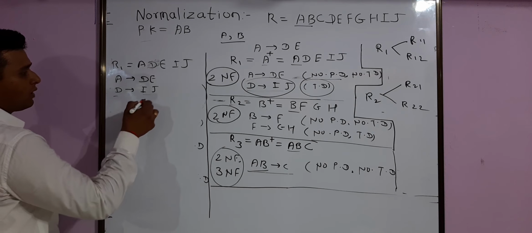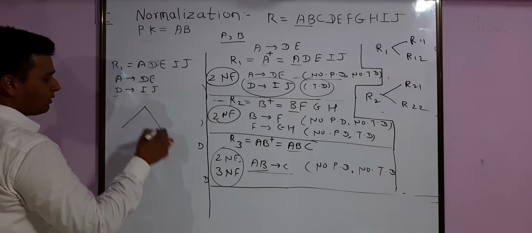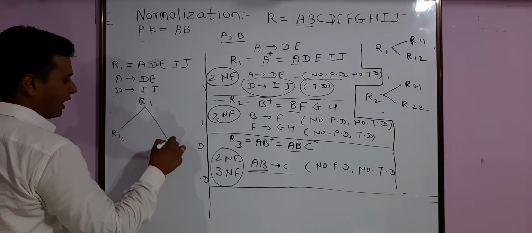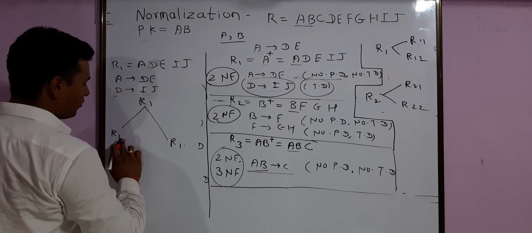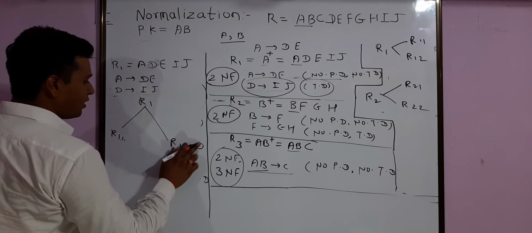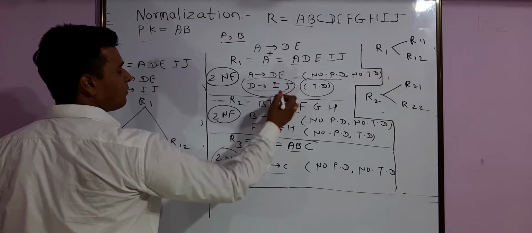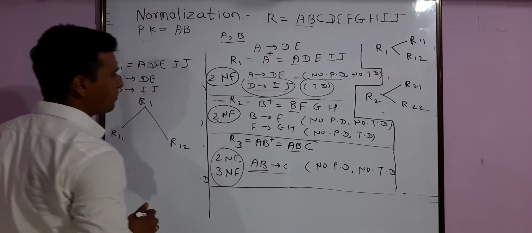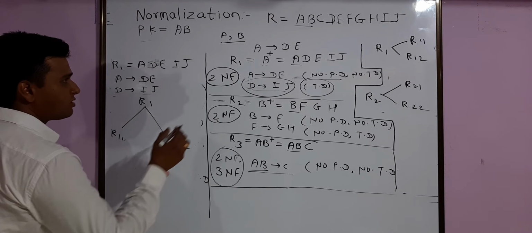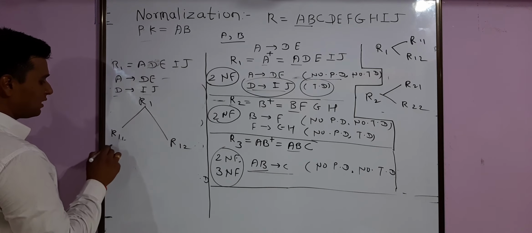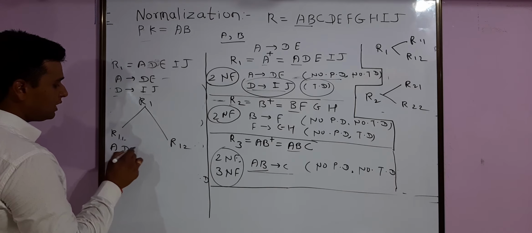So now we will convert R1 into two tables as I have said, R11 and R12. Which are the attributes of R1? Let's make the tables separately because we have to remove this transitive functional dependency. In R11 we can write the first functional dependency, that is ADE.